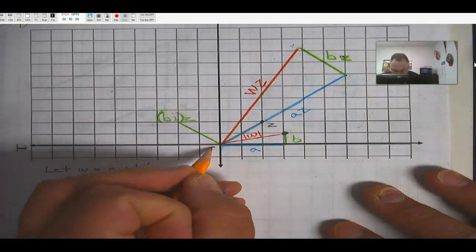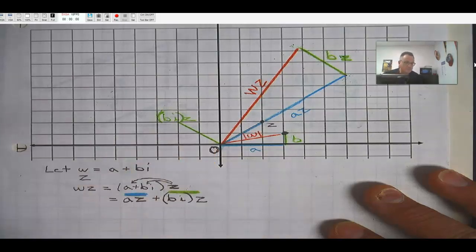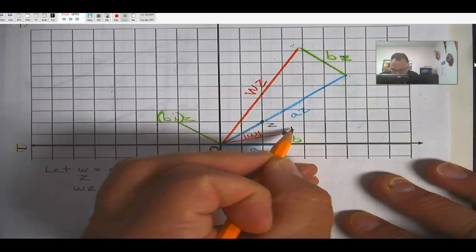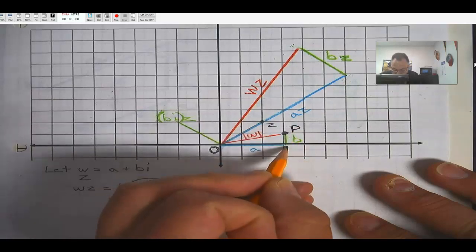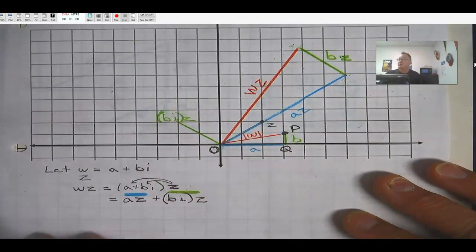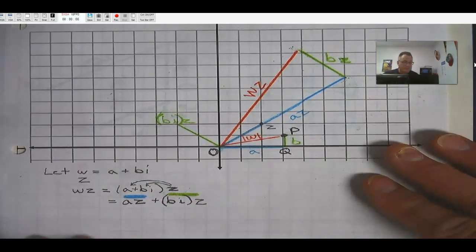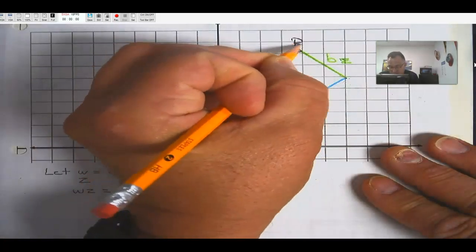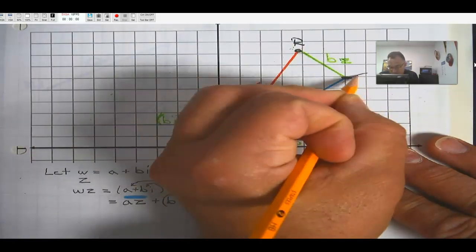So I'm going to label the origin O. I'm going to call this triangle P, Q, and O, just so that you know what I'm referring to. And we're going to call this triangle R, S, O.